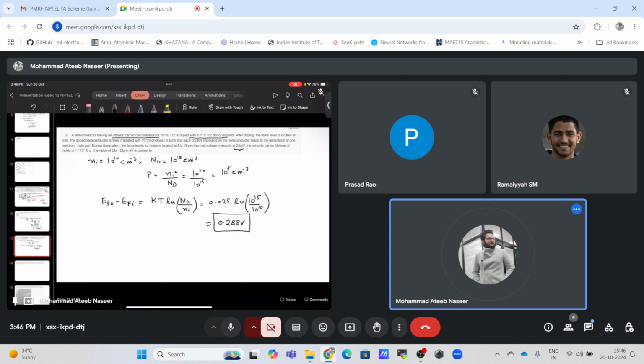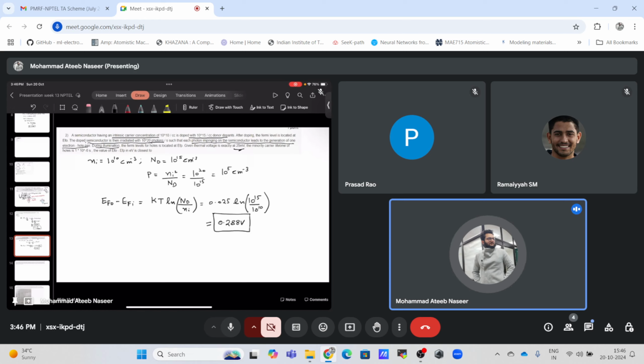Now this doped semiconductor is irradiated with light which generates photons at the rate of 10 to the power of 20 photons per second, such that each photon impinging on the semiconductor leads to the generation of one electron-hole pair.